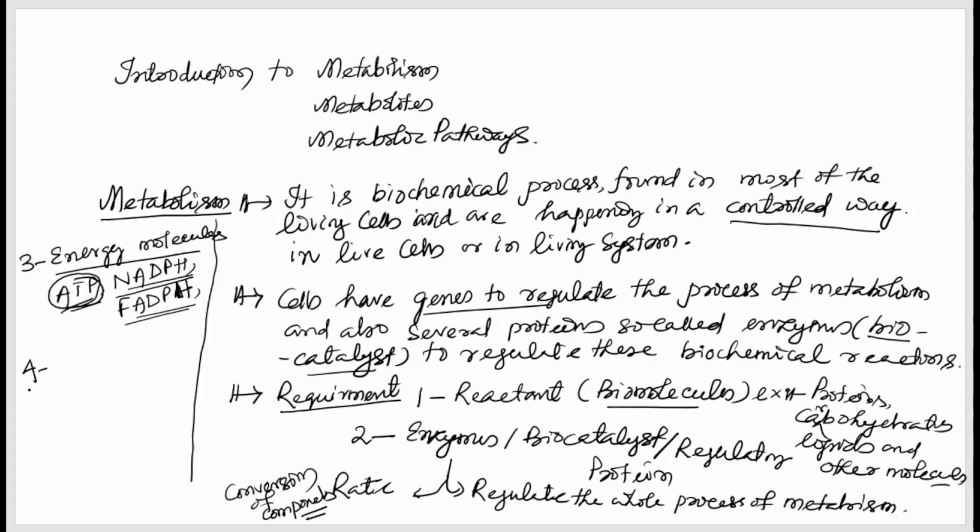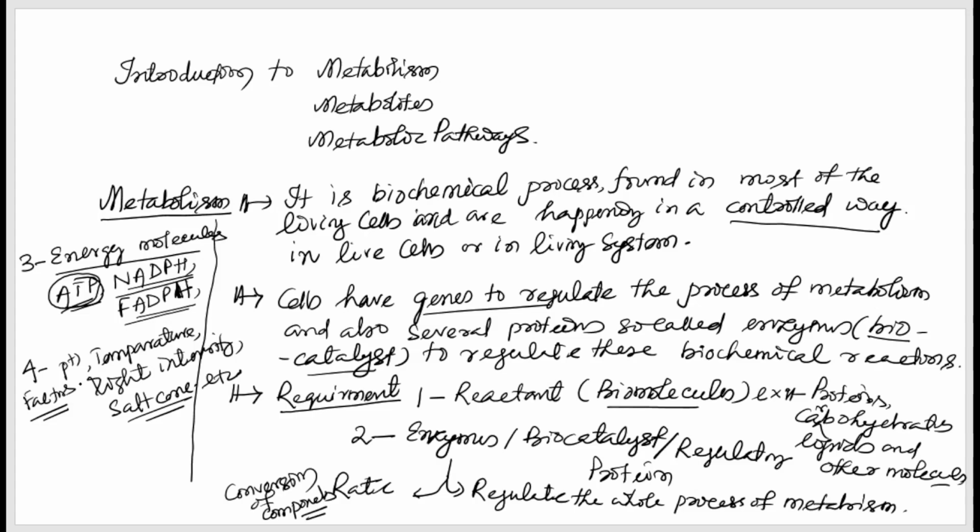And the fourth one is the factors, like pH, temperature, light intensity, and different salt concentrations, etc. There are many more factors which can influence the metabolism process.